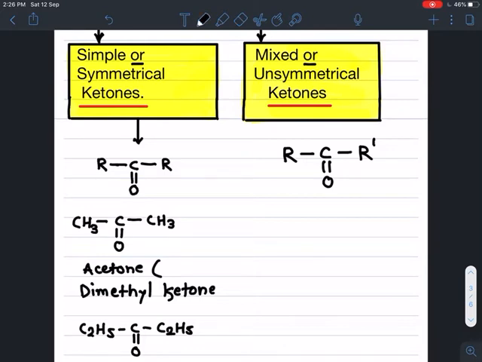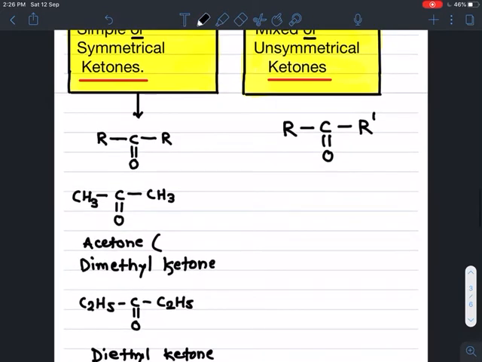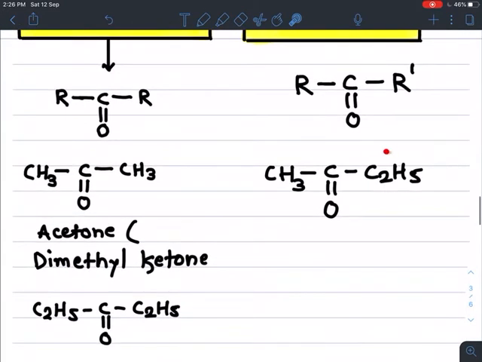If we take an example of this, we can write CH3COC2H5. One methyl group, CH3, and the other an ethyl group, C2H5, different alkyl groups attached on both sides of the ketonic group, and therefore this is an example of a mixed or unsymmetrical ketone.